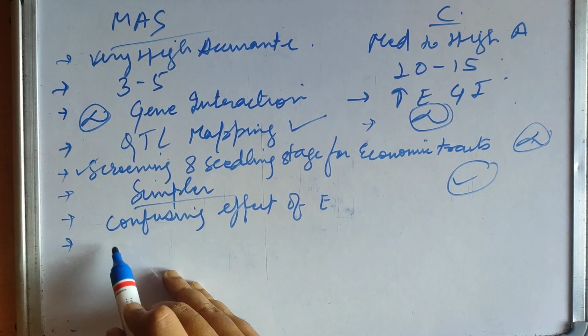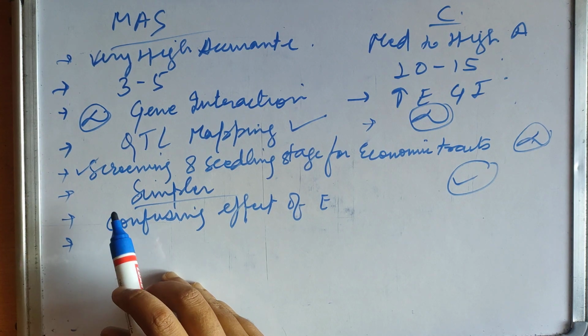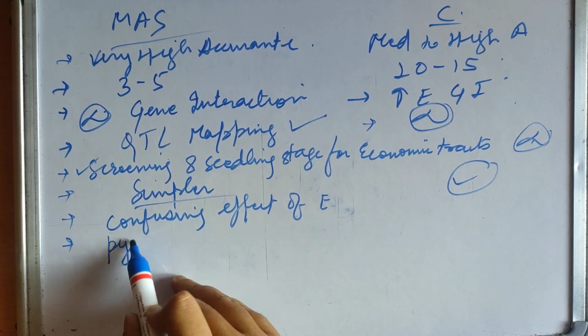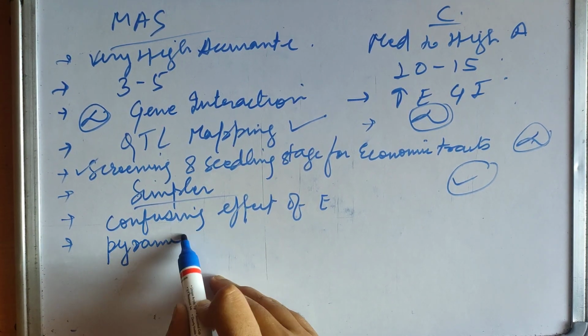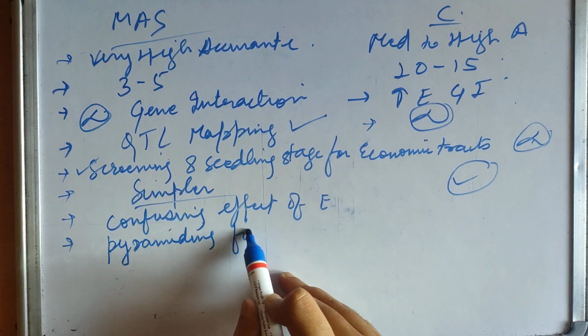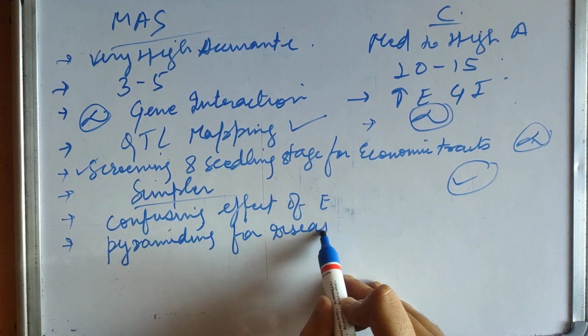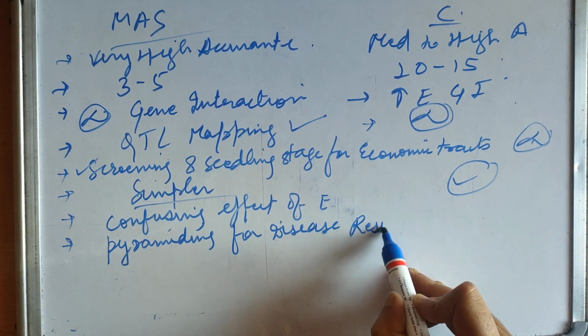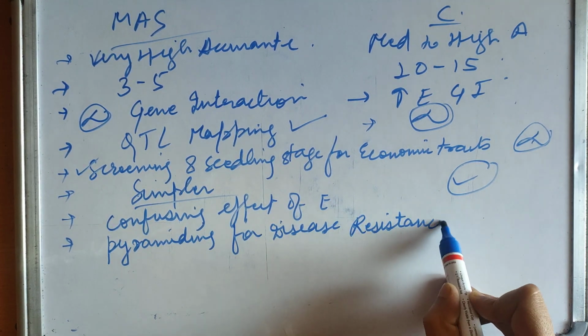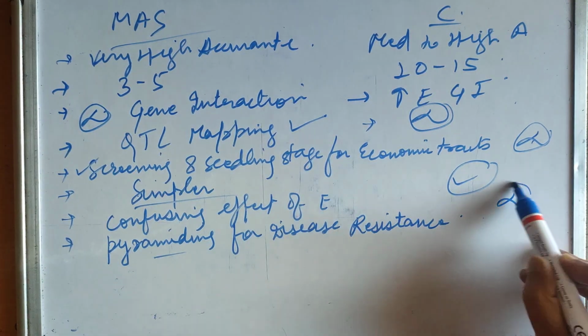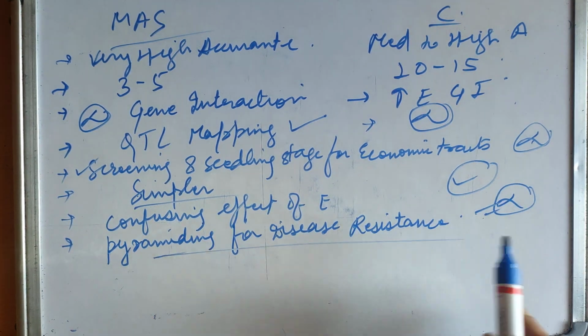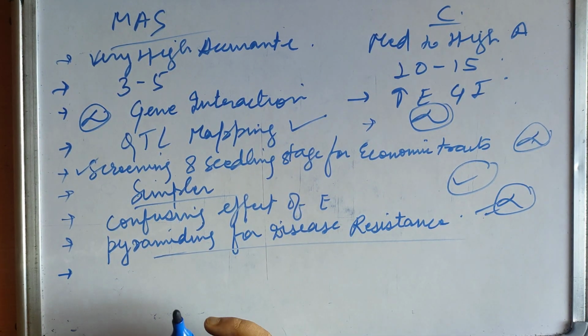MAS also permits pyramiding for disease resistance, while in conventional selection it is very difficult to pyramid for disease resistance.